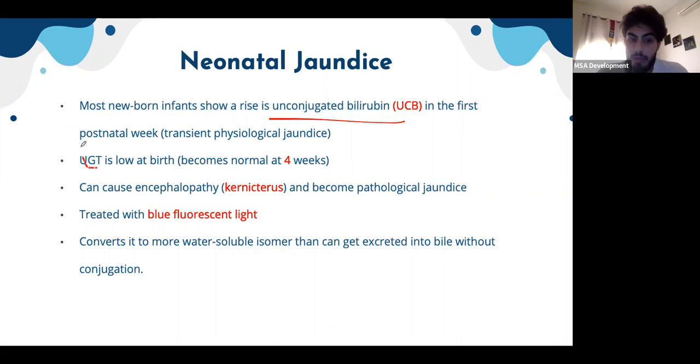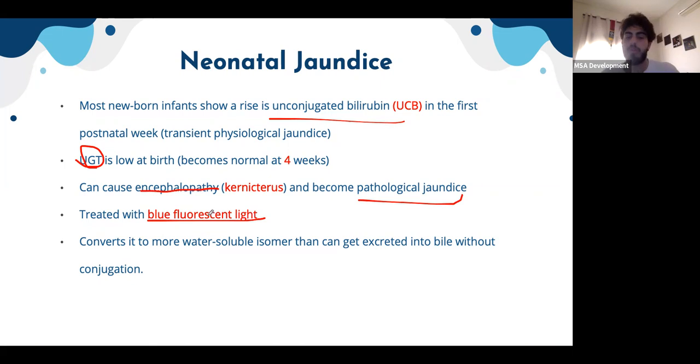It's due to this enzyme UGT, which gives you the conjugated bilirubin, and it can become serious by causing encephalopathy or kernicterus, and that's when it becomes pathological jaundice. How do we treat it? We treat it with blue fluorescent light.